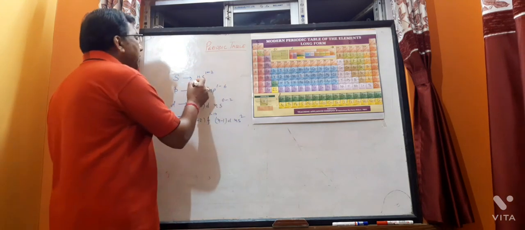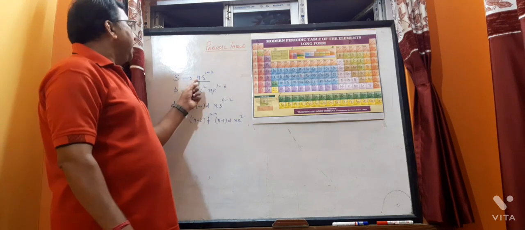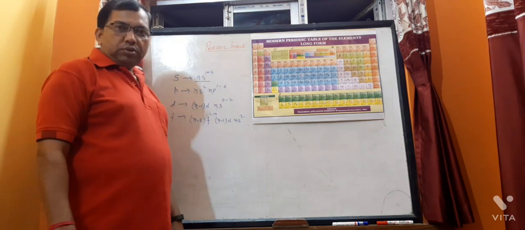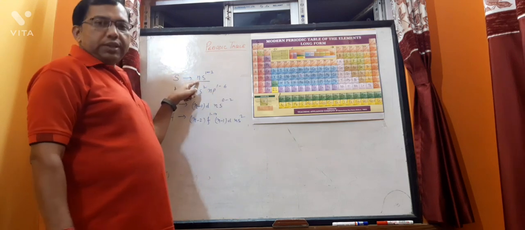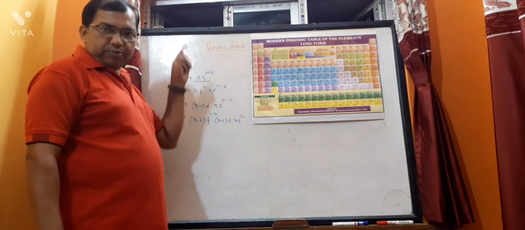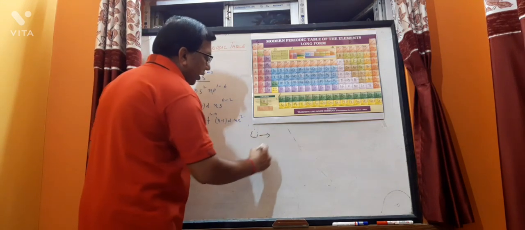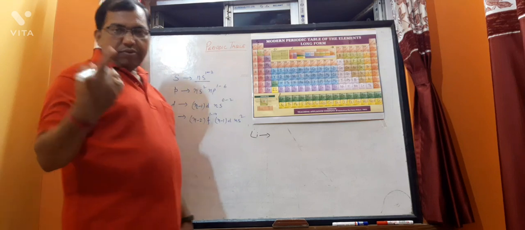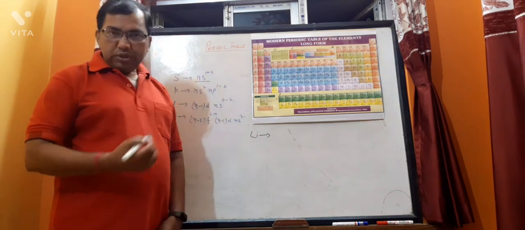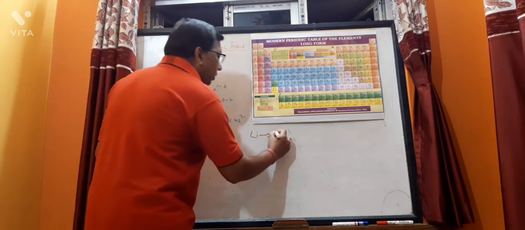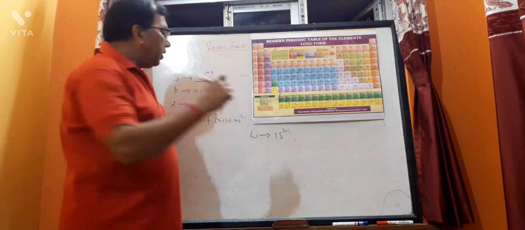The general configuration will be ns1 to 2, where n equals 1 to 7. I will give only one example, you will practice at home. What will be the configuration of lithium? 1s2, then 2s1.